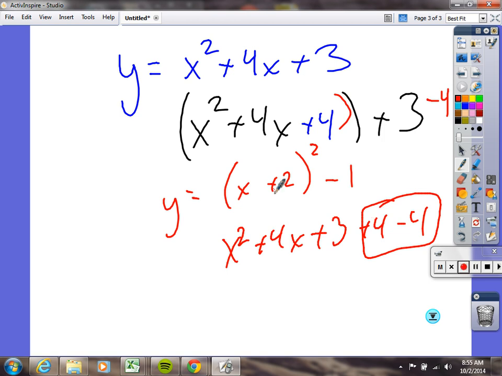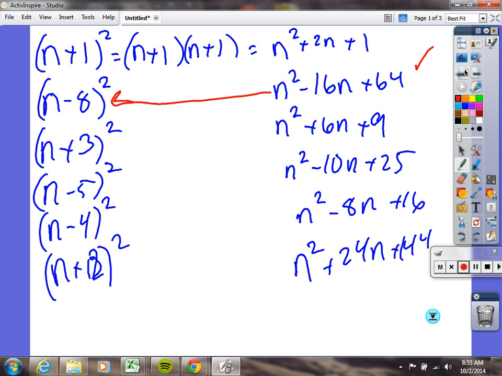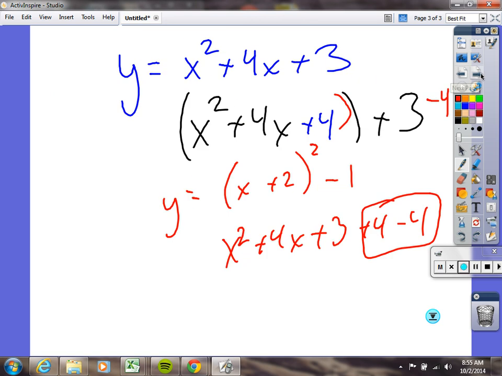Here. How did I get this 4x? The key thing, guys, I'm being honest, do you see the pattern? Right now it's in this pattern. x squared plus 4x plus 4 is in the pattern, right? What is the value that made this? 2.